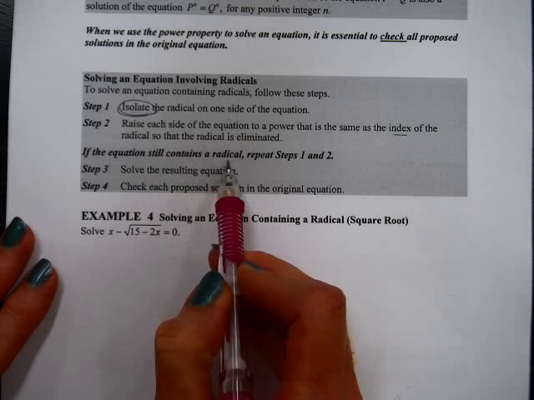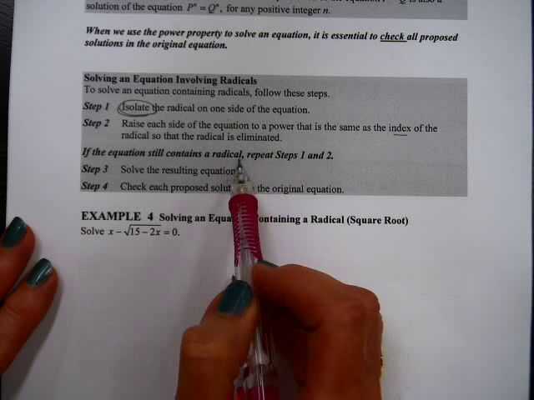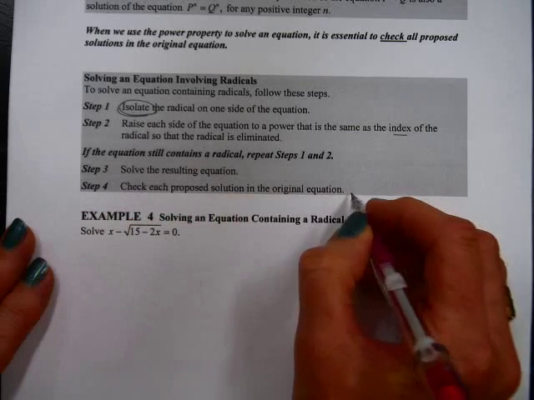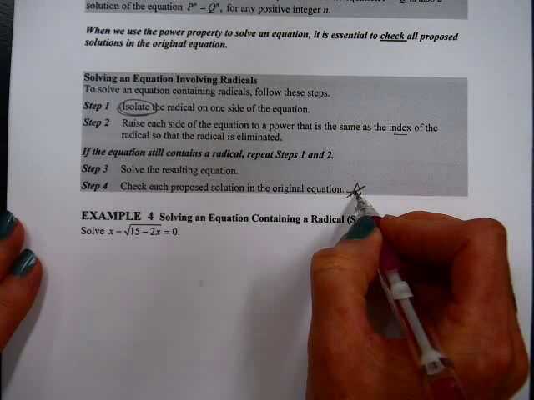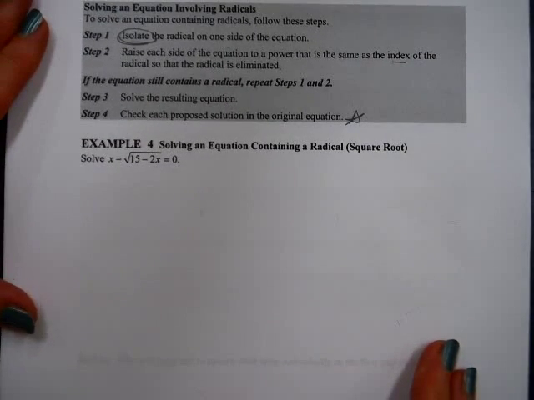If your equation still has a radical, then you repeat steps 1 and 2. If not, then you solve the resulting equation, and step 4, you have to check your solution, and this is extremely important. So let me show you how these steps work with this example.